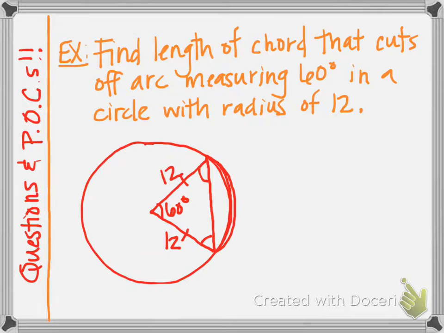If I cut that in half, these are also going to be 60 degrees, which means this triangle is equilateral, which means this chord is congruent to the other two sides of the triangle, which means that it also equals 12. Woohoo, look at all that symmetry.